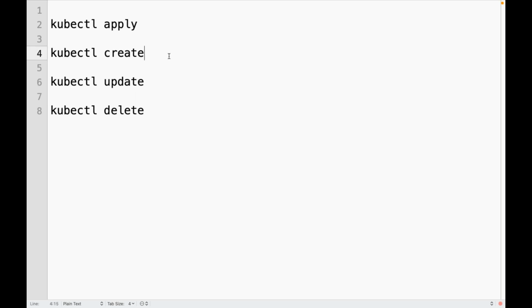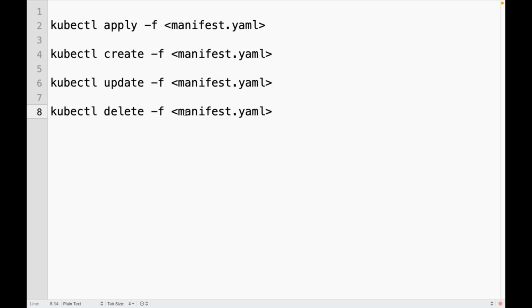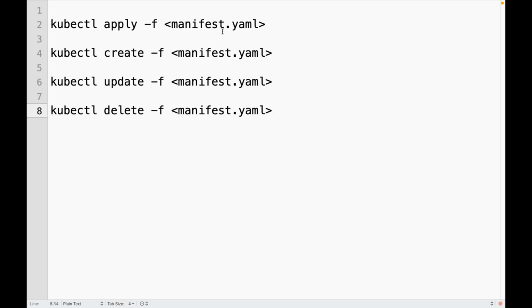So I can apply a file, your manifest file, either I can create or I can update or I can delete. So I can use create or update. What is this apply? What is the difference between apply and create?